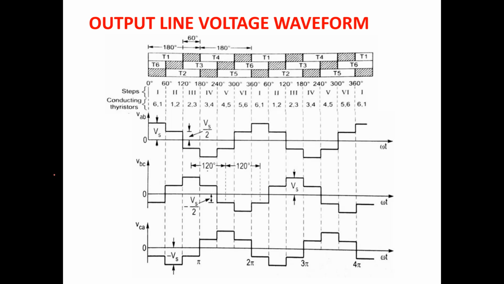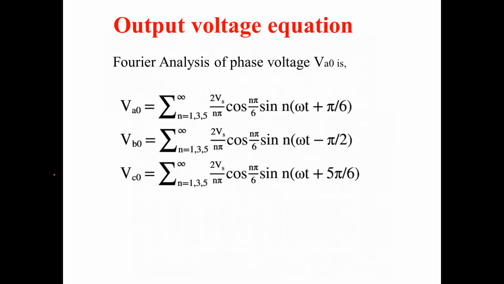Based on your conducting thyristors, using Fourier analysis of the output voltage, this is the formula to calculate VA naught. VA naught will be the summation over n equal to 1, 3, 5 to infinity of 2 Vs by n pi, cos n pi by 6, into sin n omega t plus pi by 6.